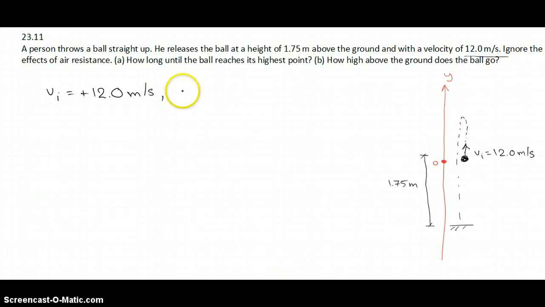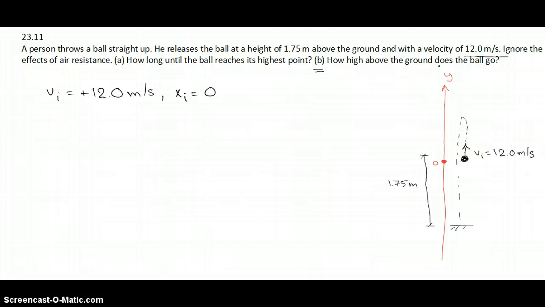And the initial position is 0 because I took my origin where I threw the ball. Now, the height above the ground is not implemented right now because I'm not studying the ball falling to the ground. It has to wait till I solve B. How high above the ground does the ball go?